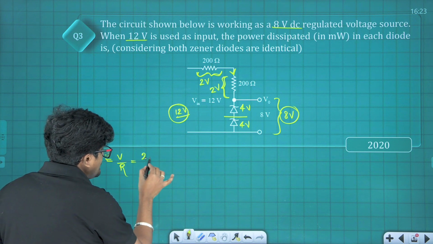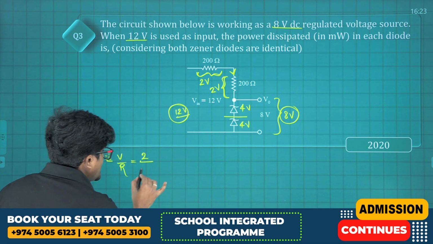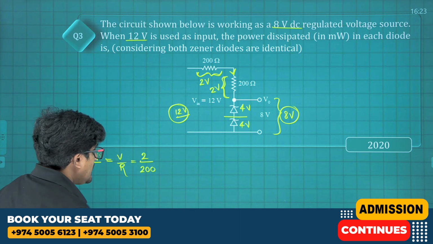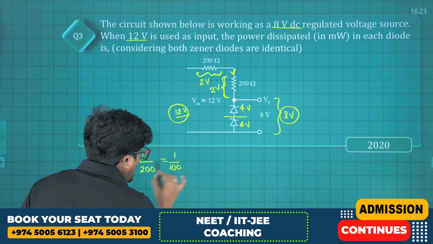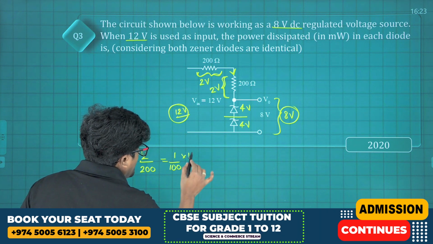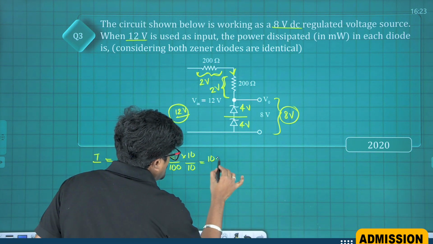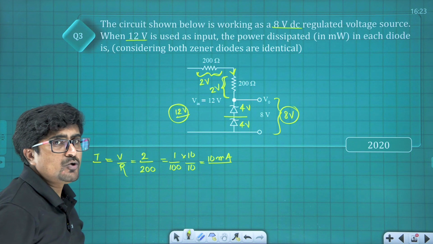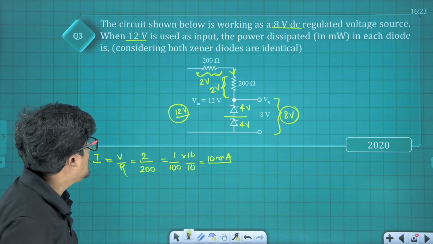Voltage is 2, and the resistance is coming as 200. So this is going to be 1 upon 100, or if I multiply with 10 and divide by 10, I can say that this is going to be 10 milliampere. The current is going to be 10 milliampere. Is that fine?